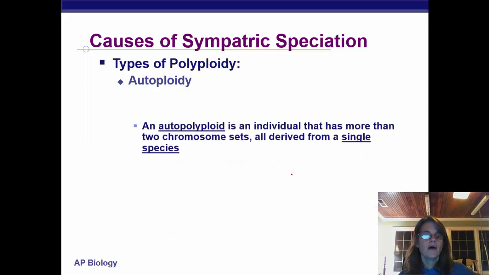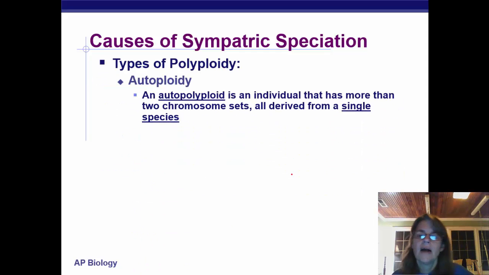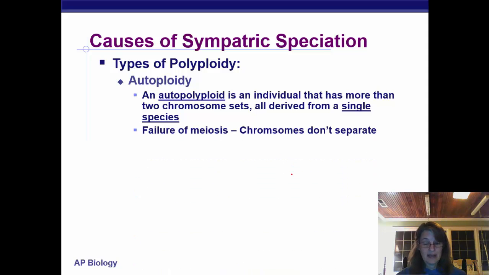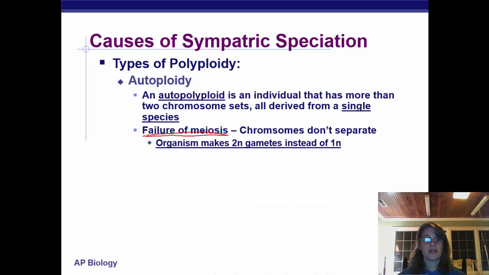Autopolyploidy is when an individual has more than two chromosome sets, so it's more than diploid. You're a diploid organism, so you have two sets of chromosomes, one from mom, one from dad. Well, this critter would pop up and it has 4 sets of chromosomes, all derived from that one species. It is a failure of meiosis, where the chromosomes don't separate.